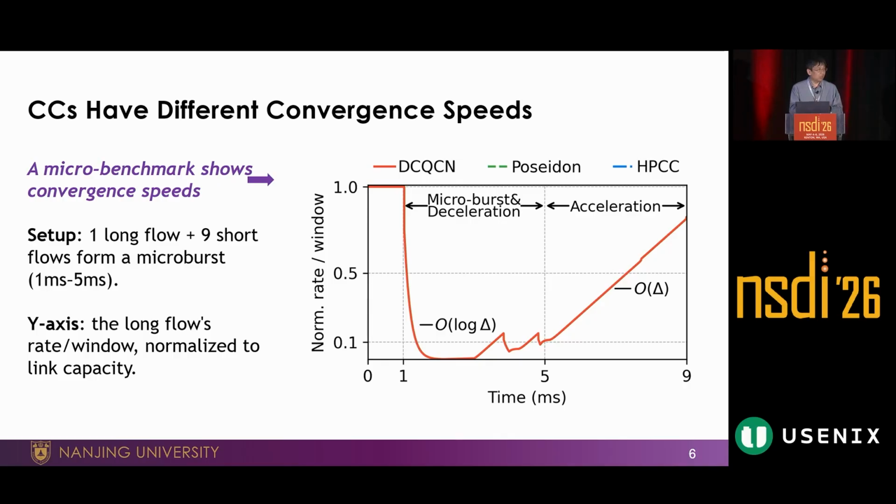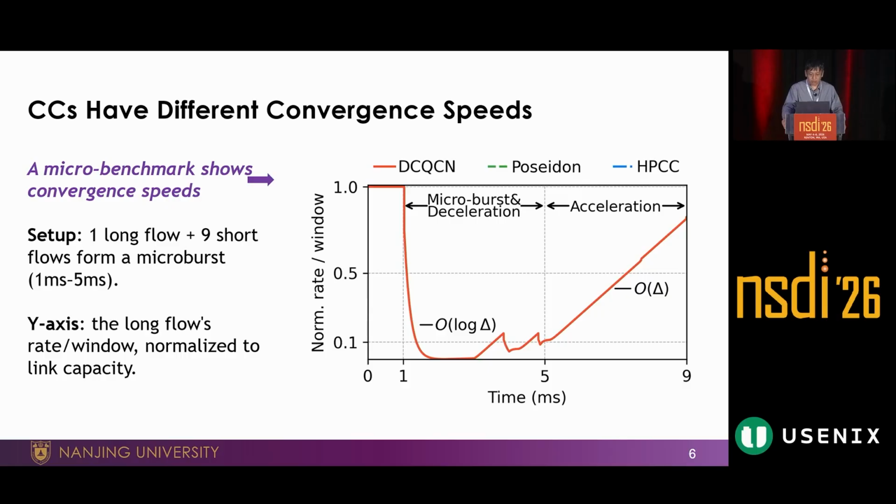If this is an ideal congestion control, normalized, it will be 1.0 from 0 to 1 milliseconds, and be 0.1 from 1 millisecond to 5 milliseconds, and quickly restore to 1.0 link capacity after 5 milliseconds. And this is what we can see.